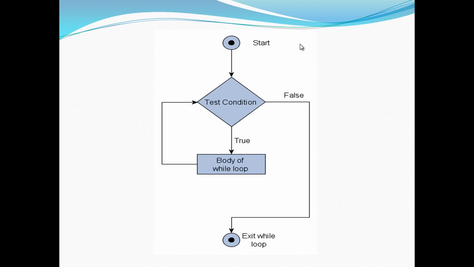If the test condition is again true, then the body of the while loop gets executed again, and this process goes on till the test condition comes out to be false. As soon as the test condition is false, the while loop gets terminated, and whatever statement comes after the while loop gets executed. So friends, let's move ahead to Eclipse and see how we can code the while loop in Java.